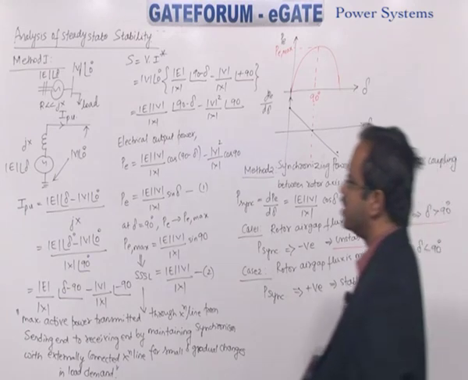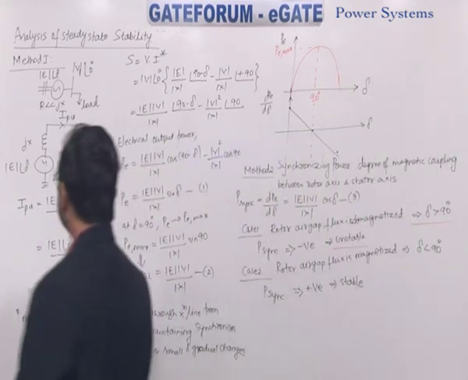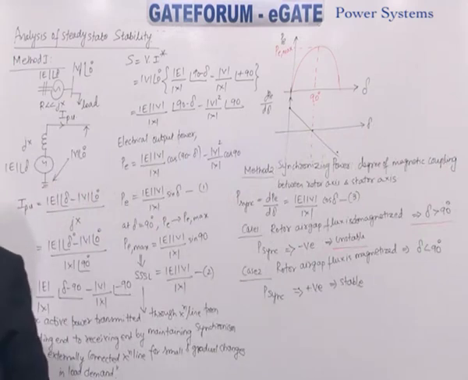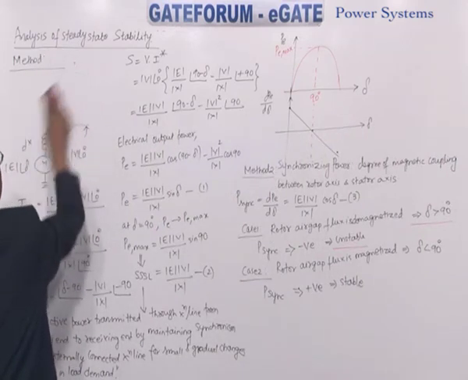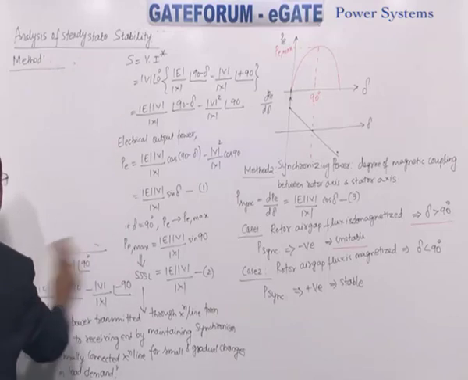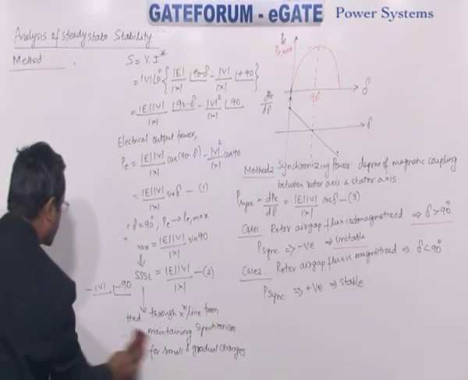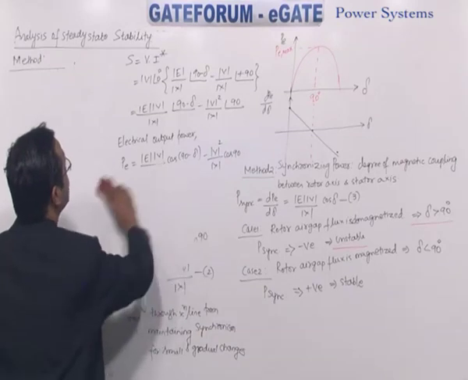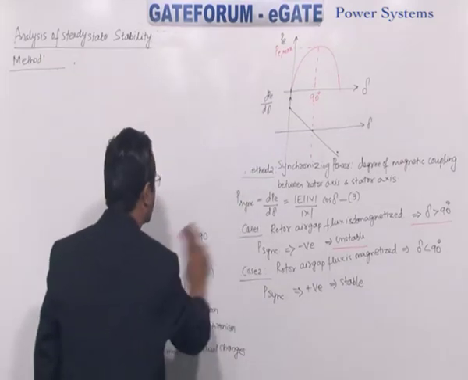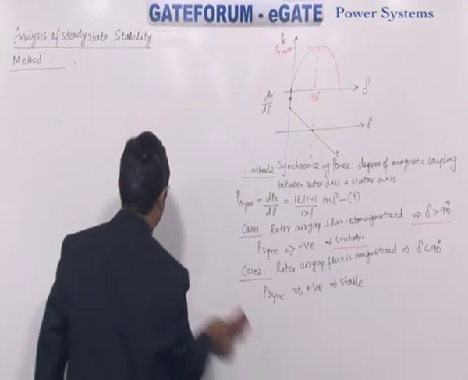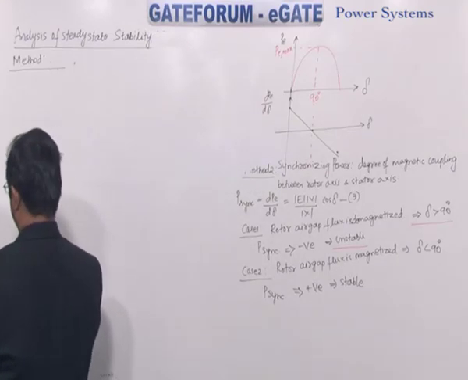Now method 3 is using ABCD constants. Further we have method 3. What is that method 3? Using ABCD constants. So represent a transmission line using ABCD constants.